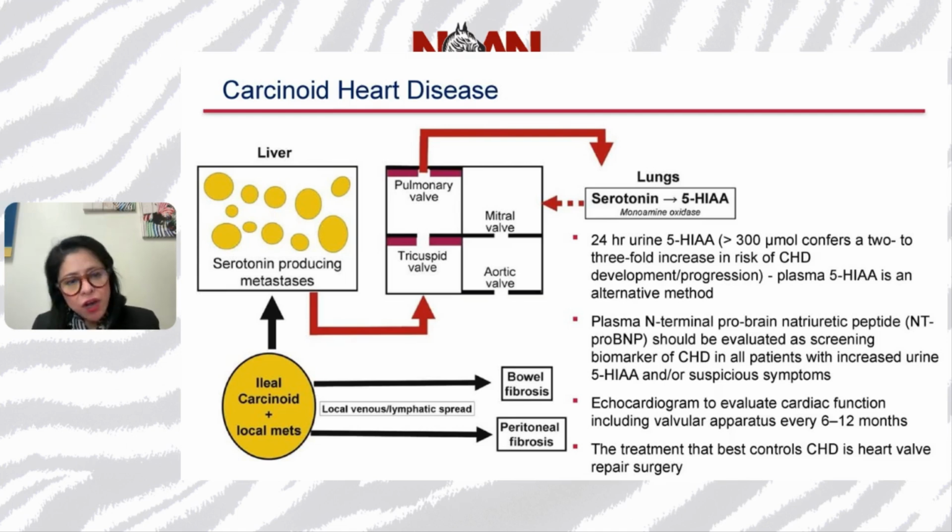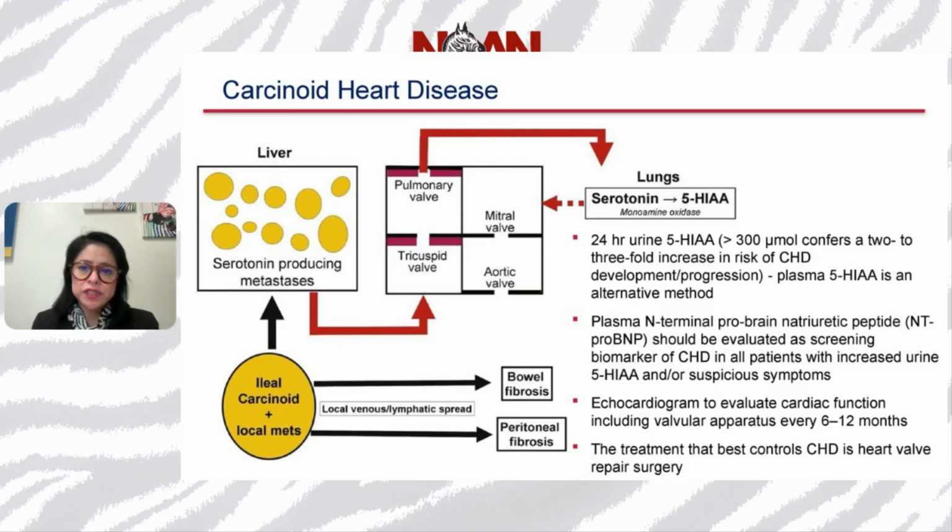Now there are upcoming recommendations on how to follow patients with excess hormones to prevent carcinoid heart disease. We don't have enough guidance on what level of serotonin or 5-HIAA is needed before asking patients to have an echocardiogram.